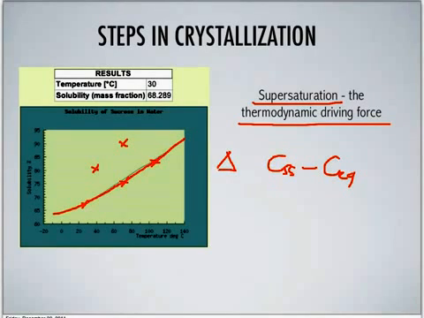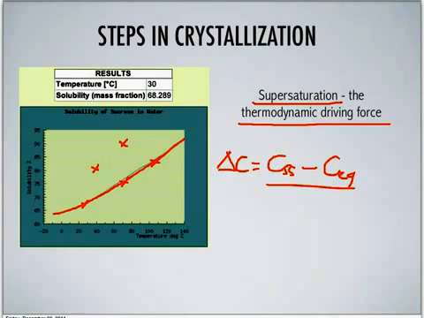So the delta C, which is the degree of supersaturation of the solution, is the concentration of the saturated solution minus the equilibrium solubility.